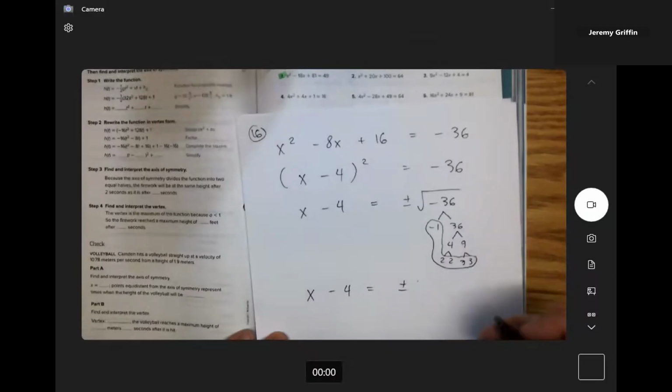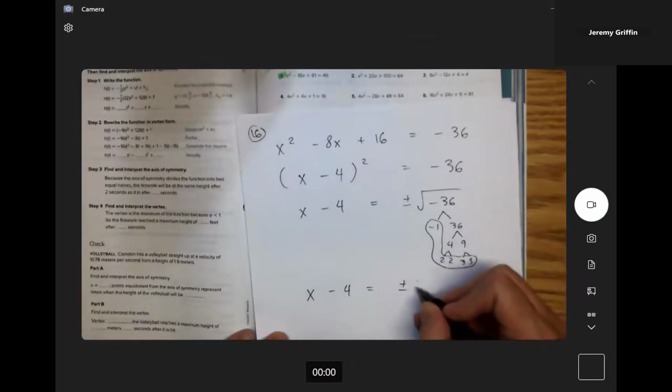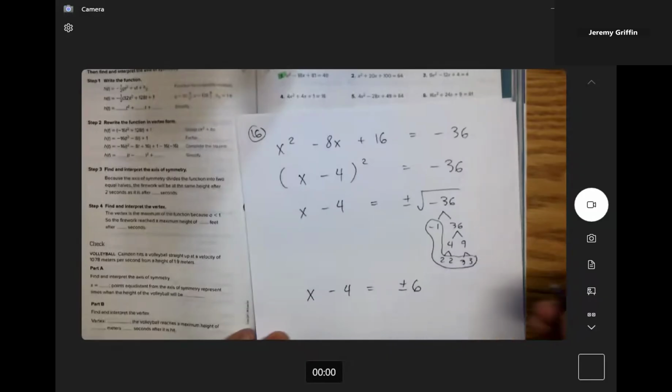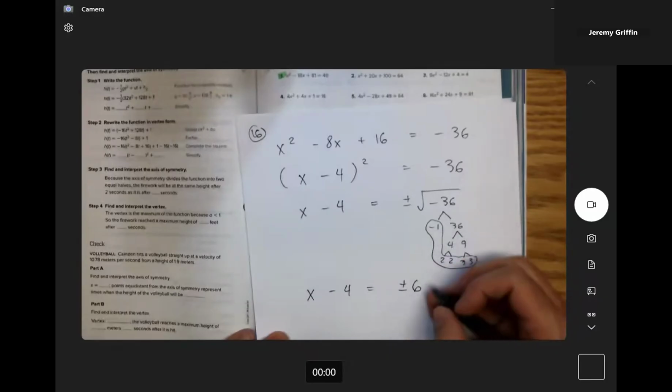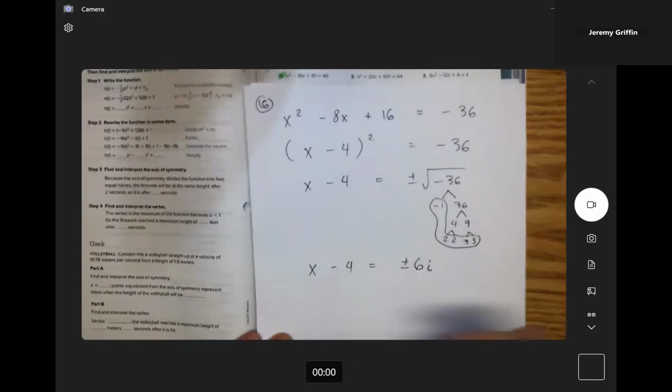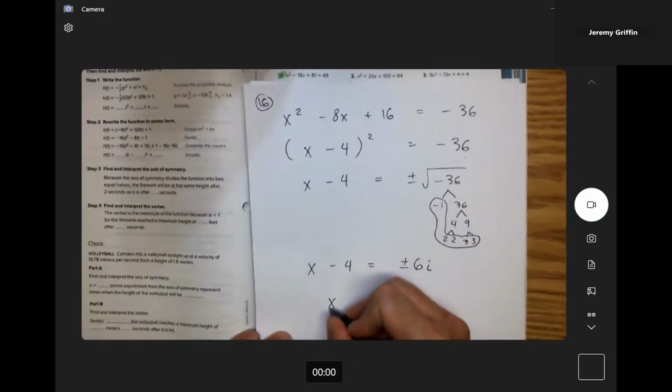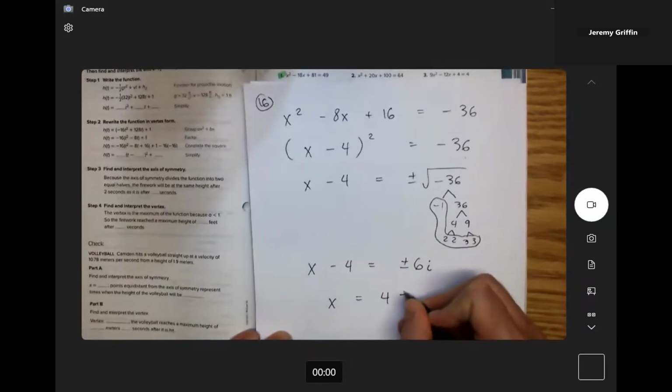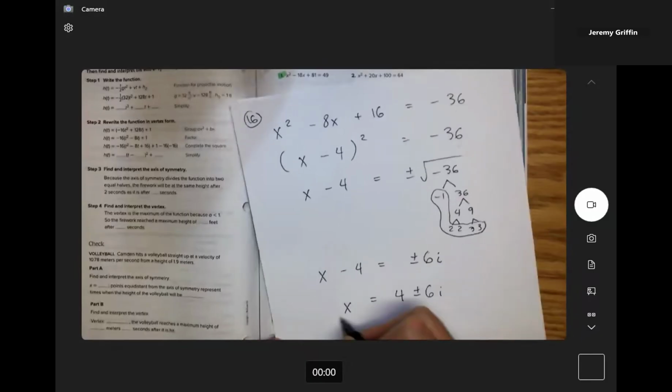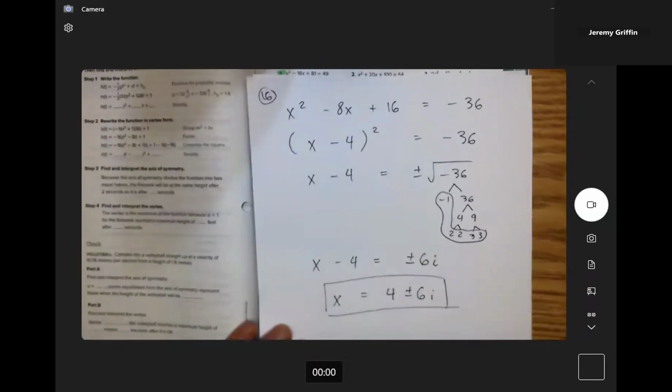Square root of 2 and 2 is 2. Square root of 3 and 3 is 3. So that makes 6. And then I still have an i left over. So it should look like that. Last step, add over 4. X equals 4 plus or minus 6i. That will be the answer.